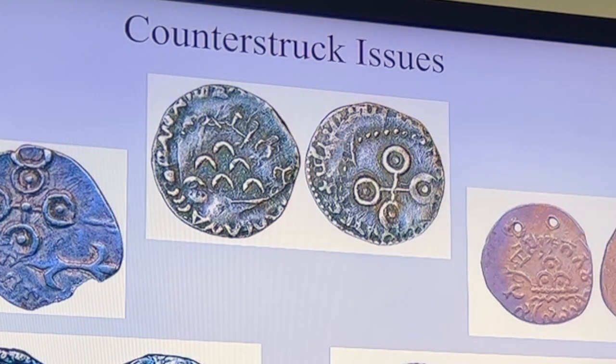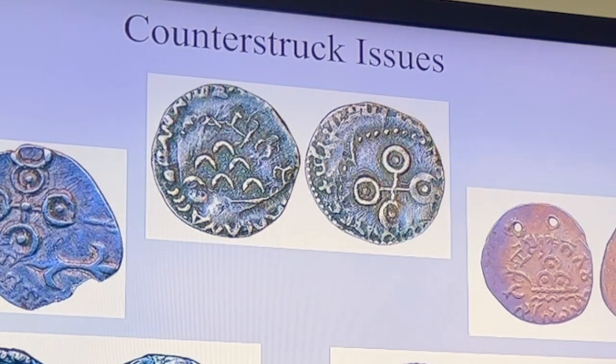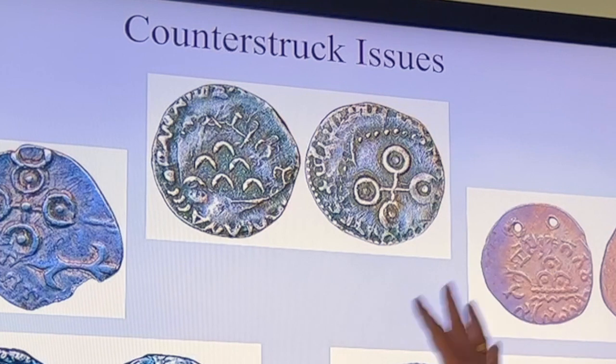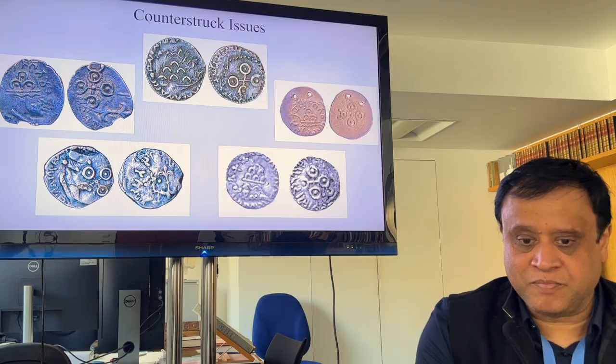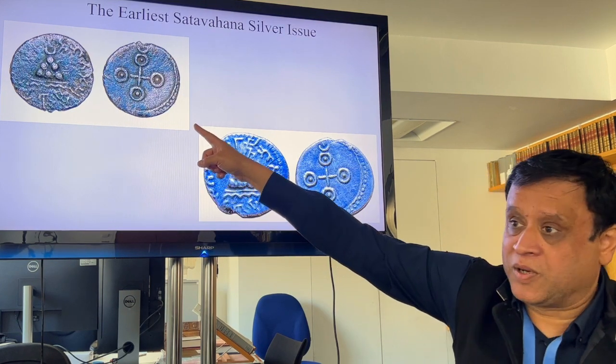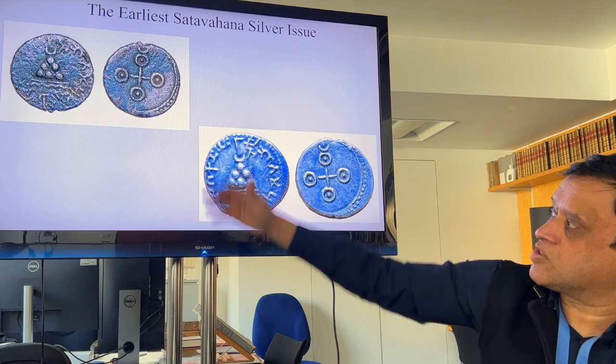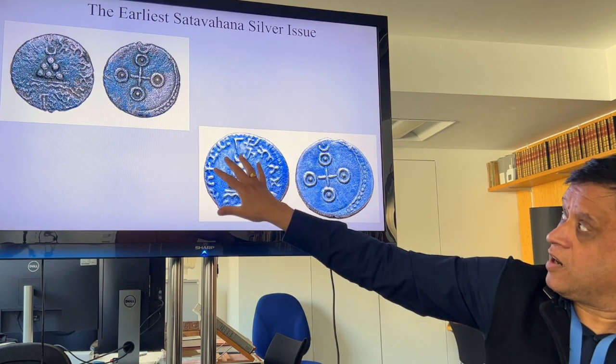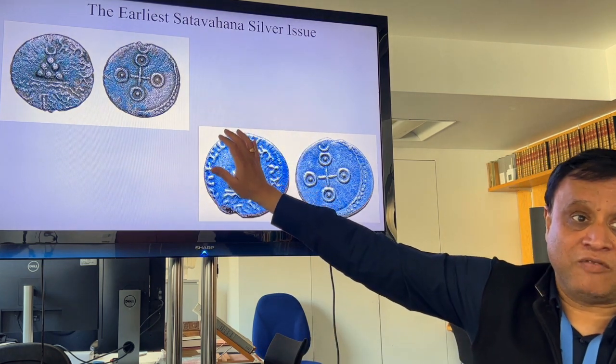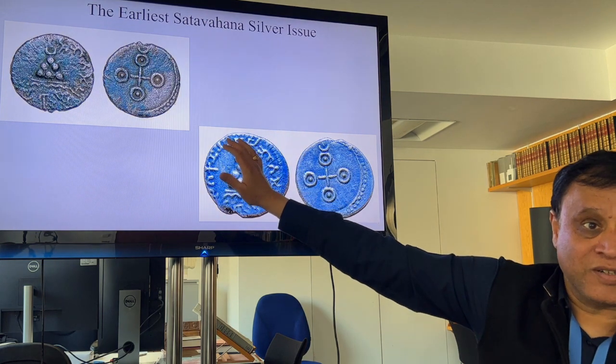And while I was doing my thesis, I found one coin which was a missing link, and that was a silver Satavahana coin, which was based on the same designs but was not counterstruck. And that was that one at the top. What was also very significant about that coin was that it is so far the only Satavahana coin with a fully Sanskrit legend.